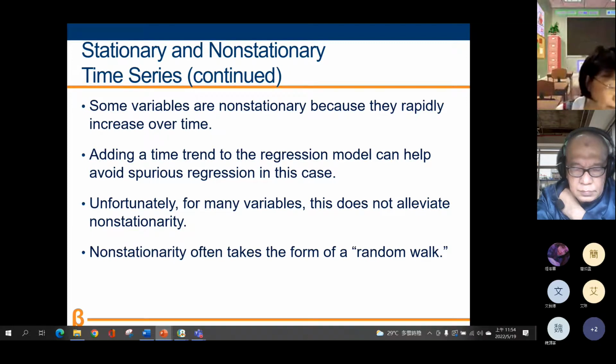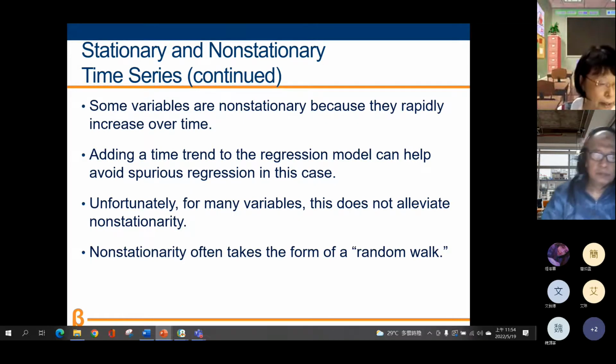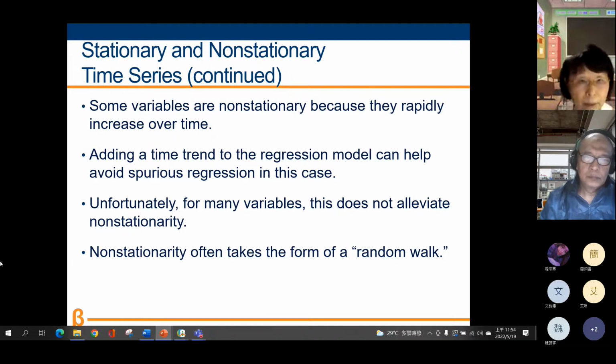In economic situations, this non-stationarity often takes the form of a random walk.